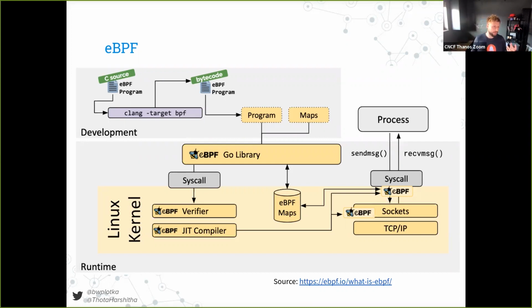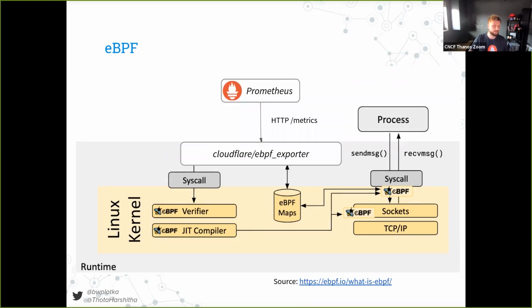So how can we practically use such data with Prometheus? It's quite simple in theory, right? We could develop an exporter, which, by the way, is already developed by Cloudflare, which is super amazing, that allows us to inject our eBPF program and do a certain mapping between eBPF map data and Prometheus metrics, with whatever labels we want.